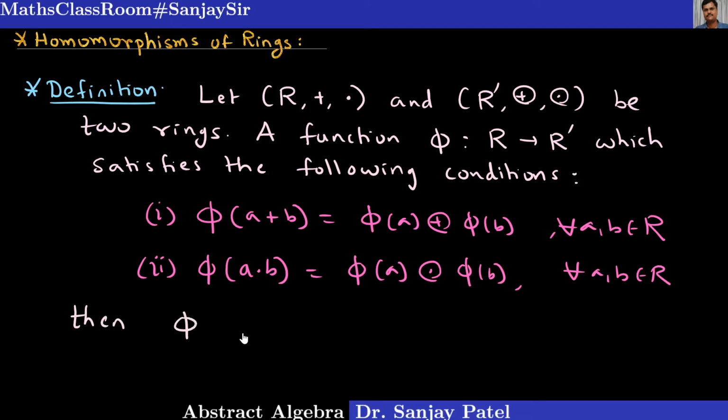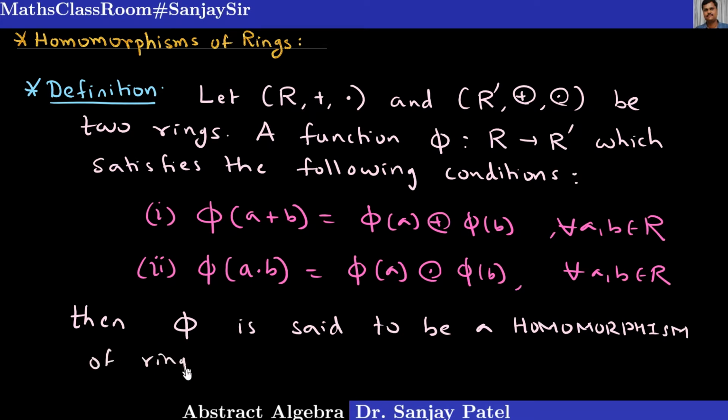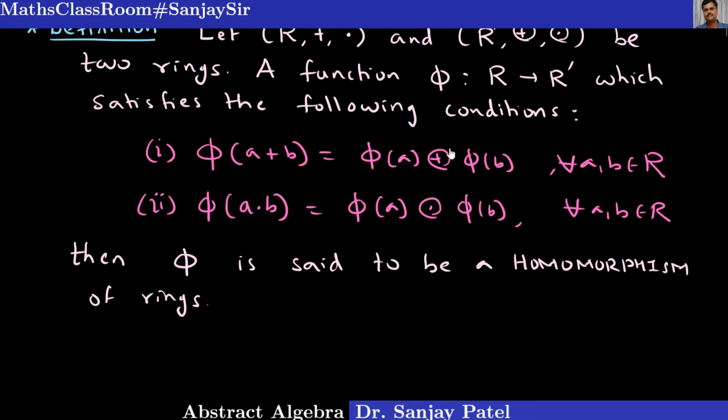Then φ is said to be a homomorphism of rings. So this is a homomorphism from R to R', and we say that the two rings are homomorphic.